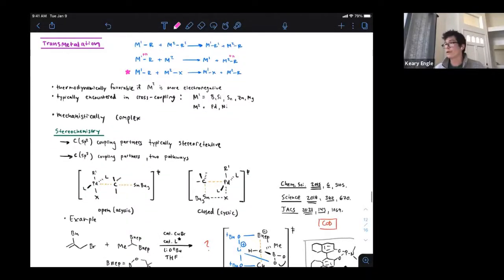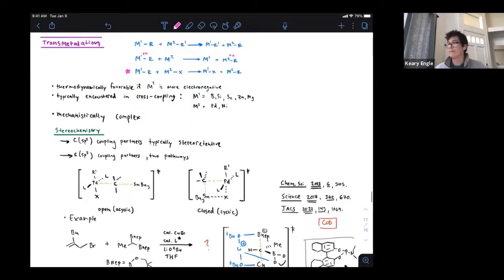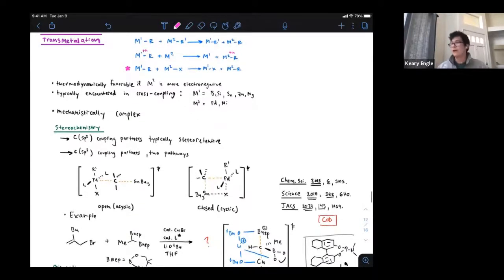So just like before, the underlying thermodynamic driving force for transmetallations ultimately stems from the underlying electronegativities of the two metals that are involved, as stated here. Let me make sure I have this right.